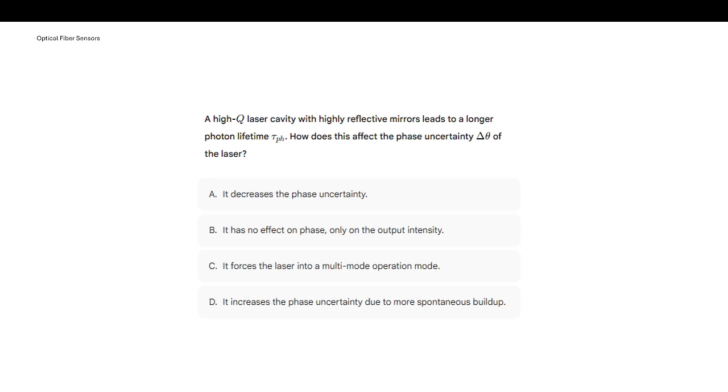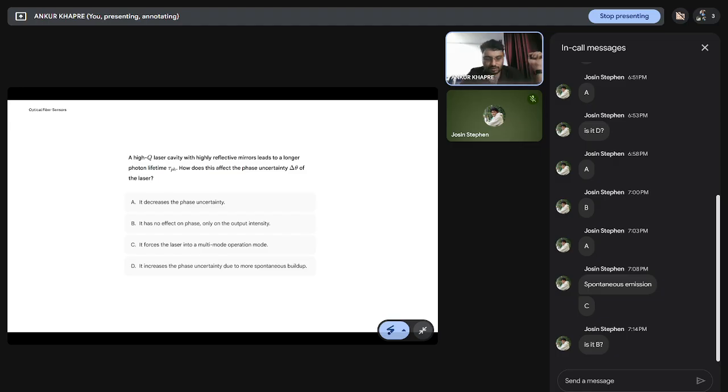B, it has no effect on phase, only on the output intensity. C, it forces the laser into a multi-mode operation mode. D, it increases the phase uncertainty due to more spontaneous build-up. So what's your answer for this?